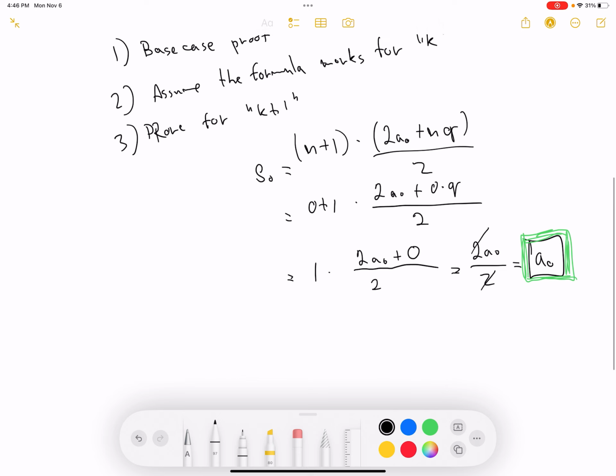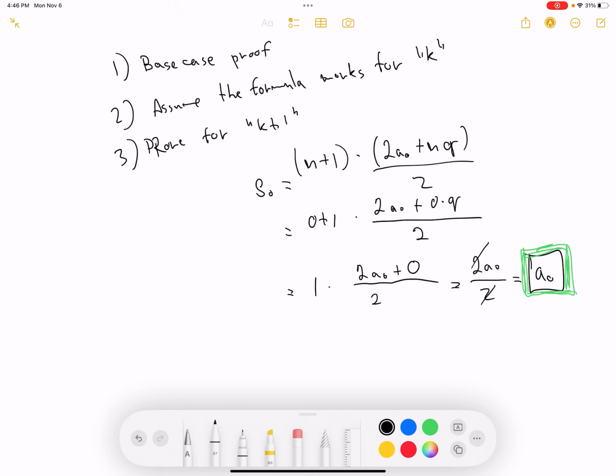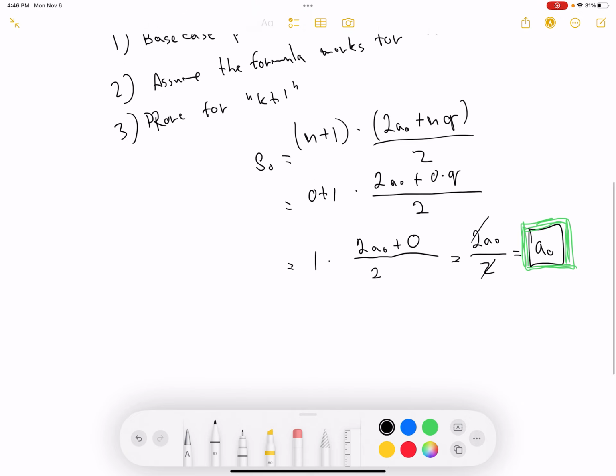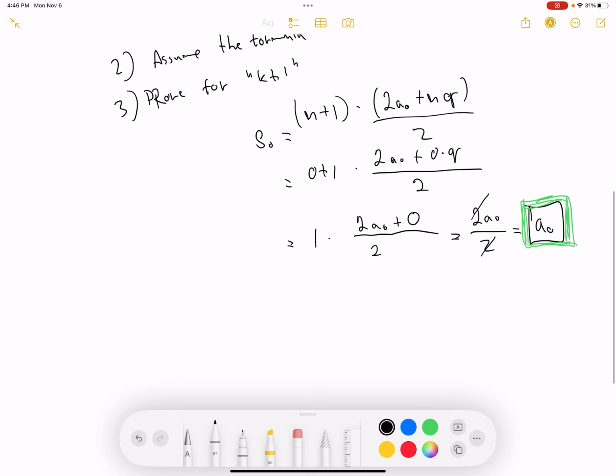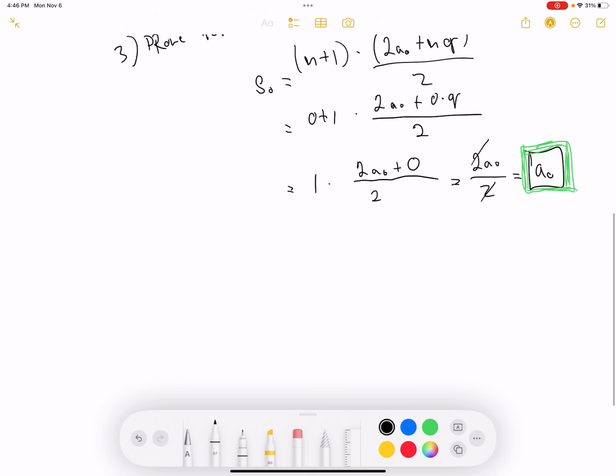So now we can move to the second step, and that says that we assume that the formula would work for k or n. Sometimes it doesn't matter which variable we use, and we prove it for k plus 1. Now what does that mean?